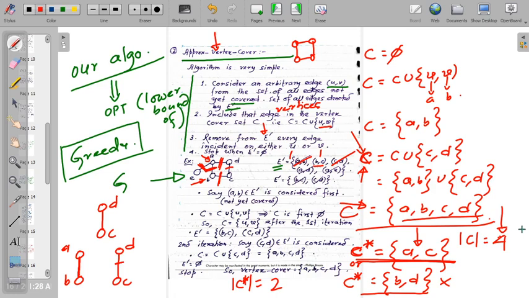Okay, so we have got that C star is 2 and the approx vertex cover C is 4.